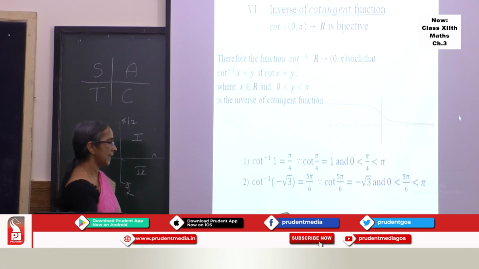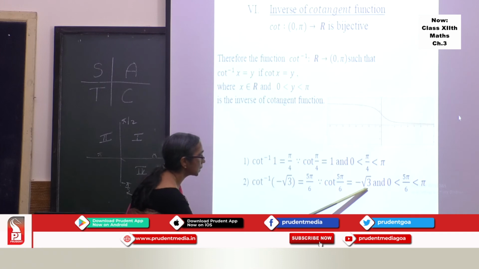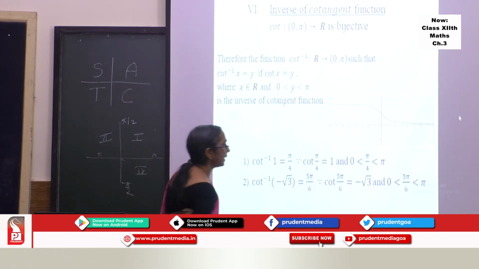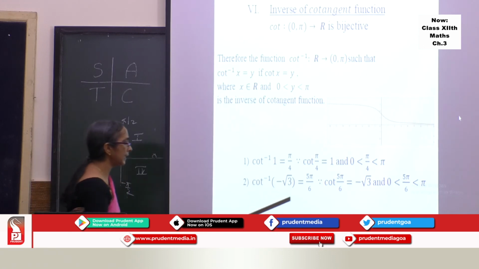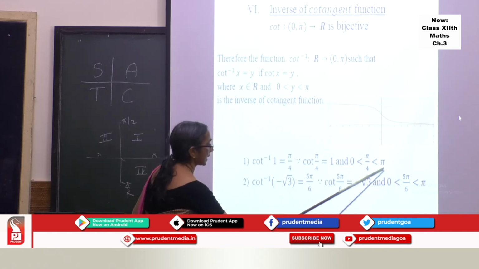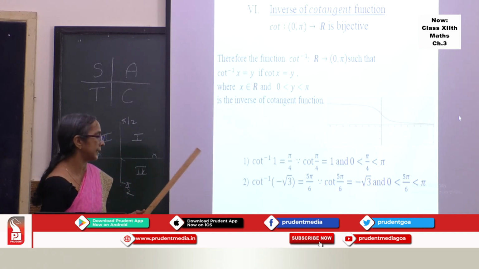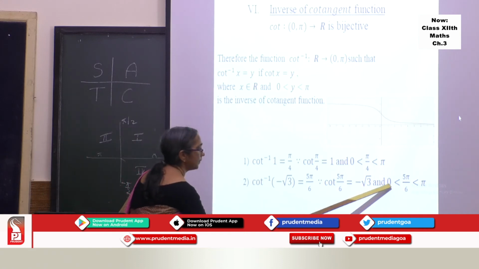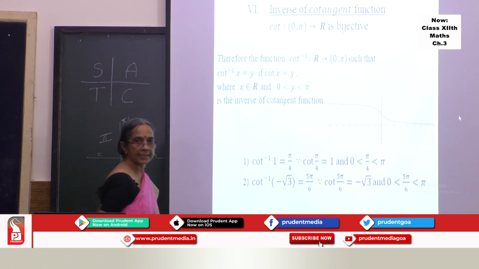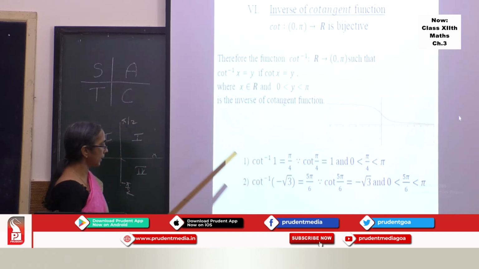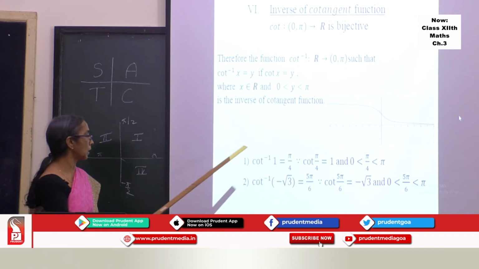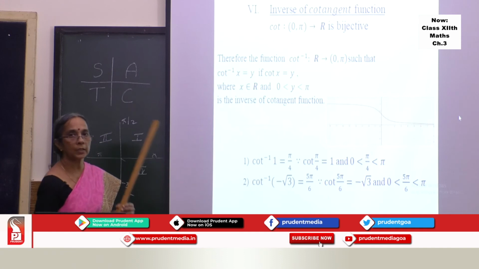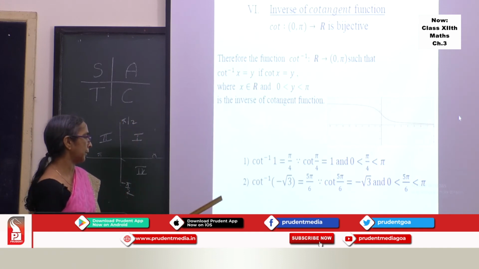It is an angle in the second quadrant, exactly 5 into 30, 150 degrees, between 0 and 180 degrees. So, cot inverse of a negative value is not like tan inverse of a negative value.